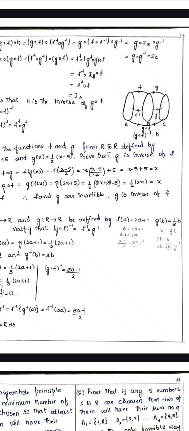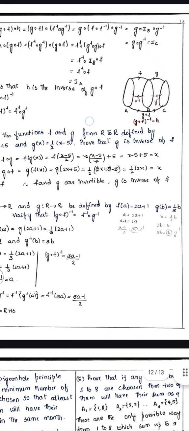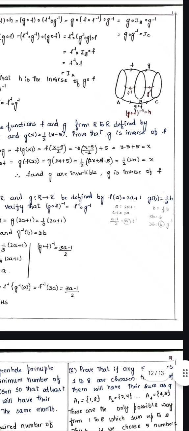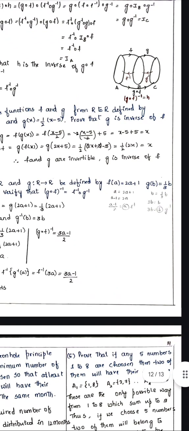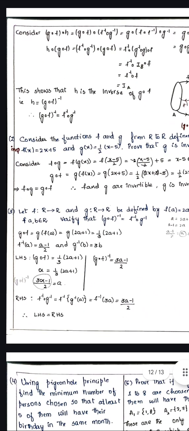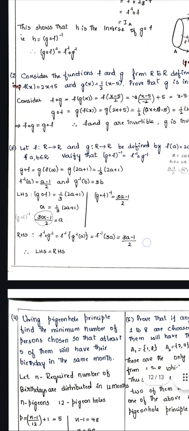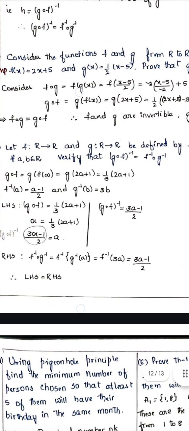That is f inverse. Then for g inverse, let us take b equals 1 by 3 b, so 3b equals b. That is g inverse. Then we have f inverse of a is (a minus 1) by 2 and g inverse of b is 3b. LHS, well considered.